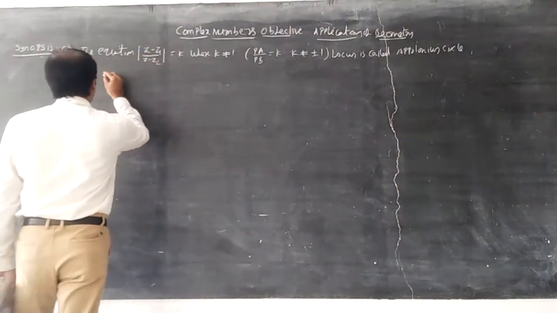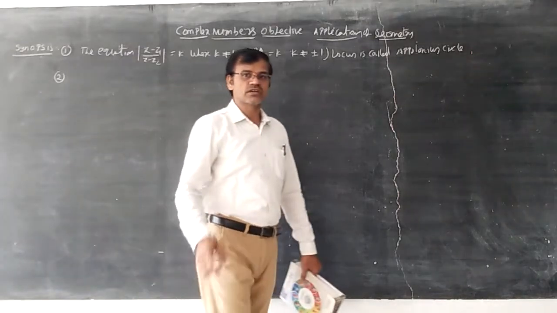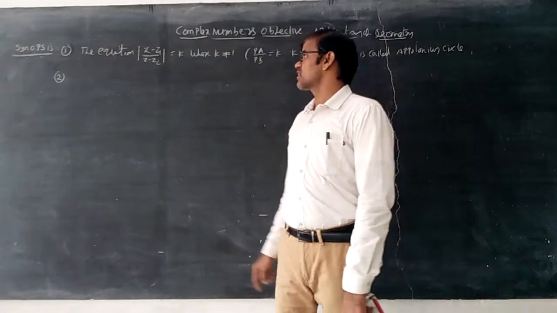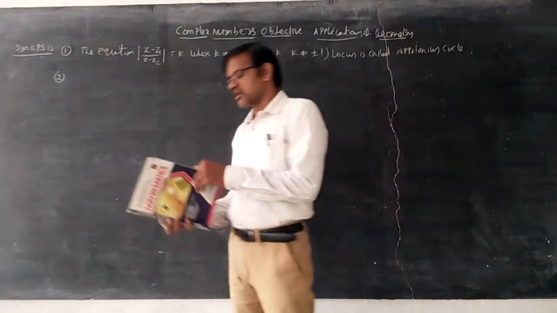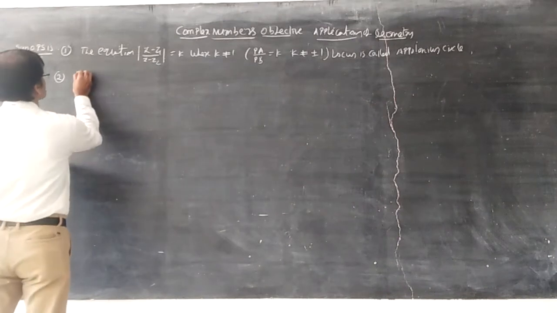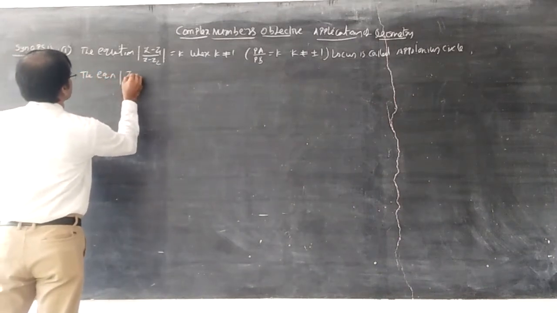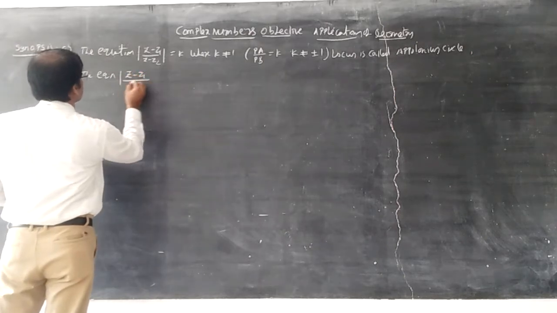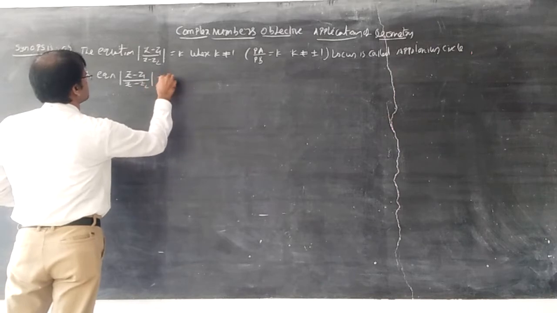Of course, for a complex equation to represent a circle, the condition is modulus of z minus z1 by z minus z2 is equal to k, with k not equal to 1. It is PA by PB is equal to k.